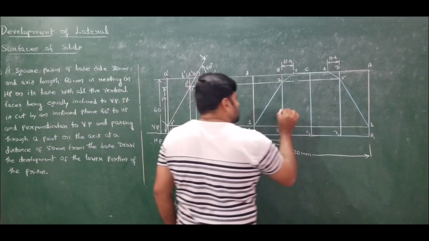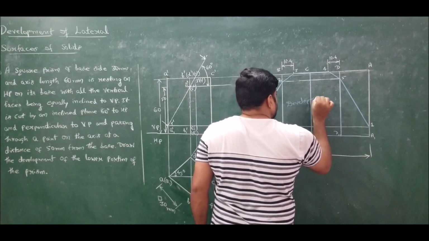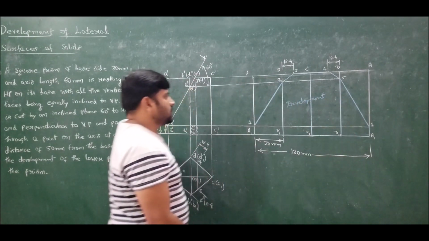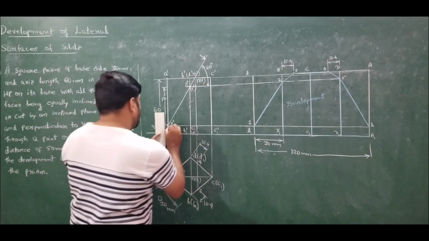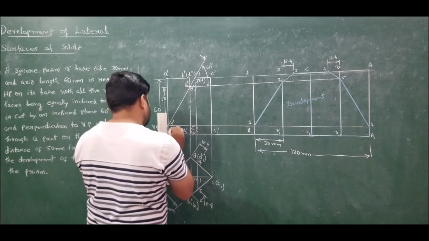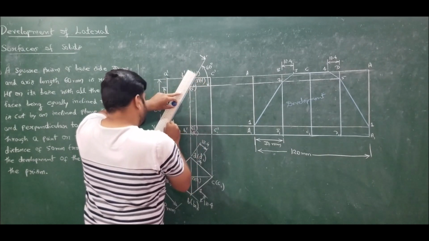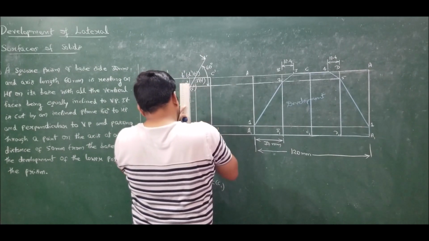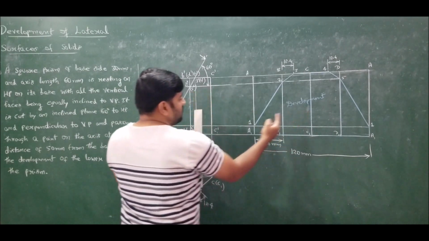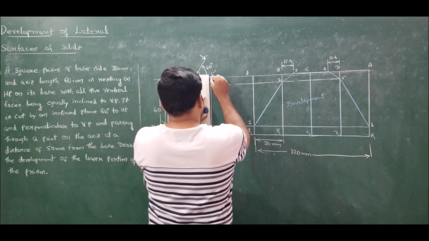So this completes the development of the given square prism with the given cutting plane. The lower portion that we are going to retain is this one. This is how it looks once we join.